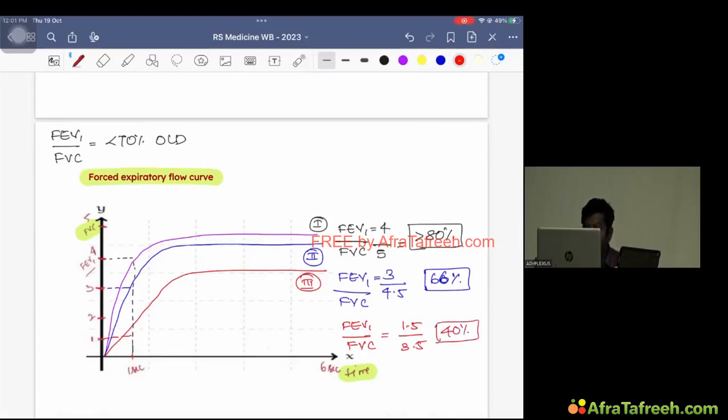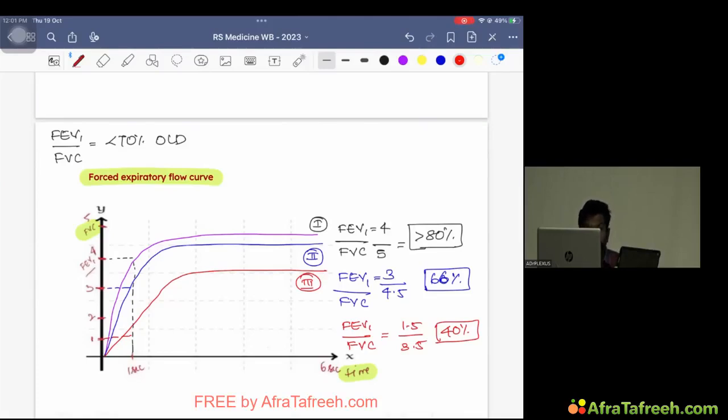What kind of lung disease is it? Severe obstructive lung disease. So this is seen in severe obstructive lung disease.